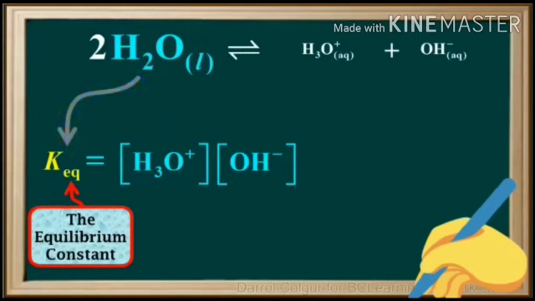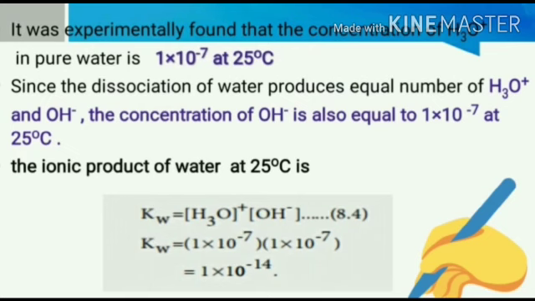Kw is the ionization constant of water at 25 degrees Celsius. It was experimentally found that the concentration of H3O plus in pure water is 1 into 10 to the minus 7 at 25 degrees Celsius. The dissociation of water produces an equal number of H3O plus and OH minus.